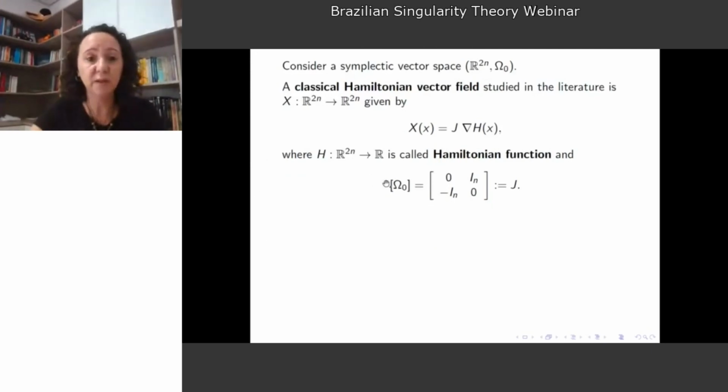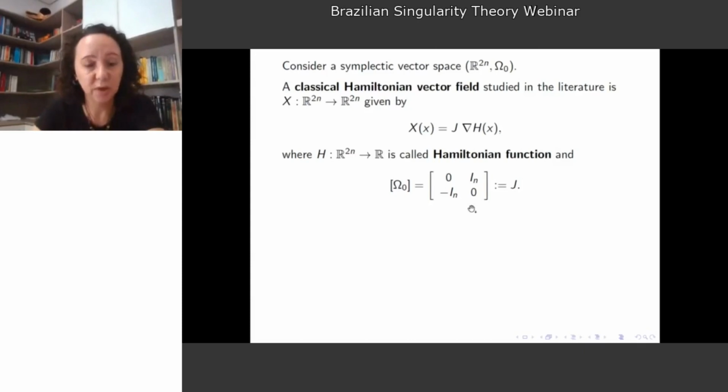So with these definitions, a classical Hamiltonian vector field, studied very much in the literature, is to consider the symplectic vector space R2n, omega 0, and the Hamiltonian vector field is the vector field that can be written as the matrix J times the gradient of the function H, the Hamiltonian function, and J is this matrix: 0, identity, minus identity, 0.